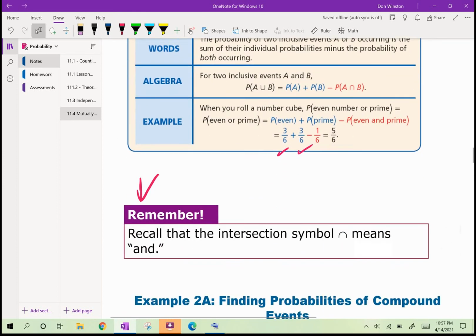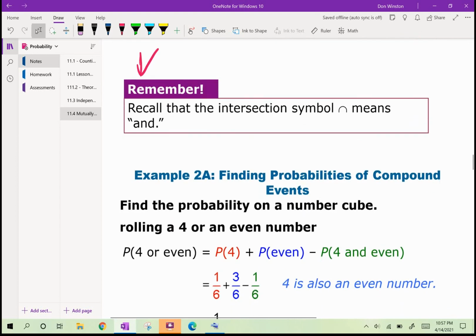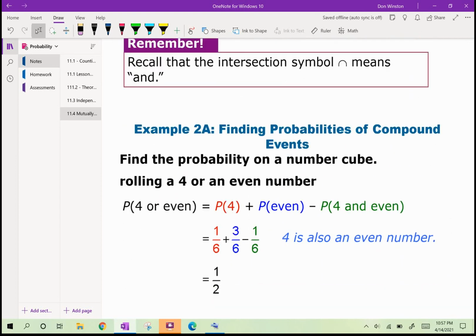Okay, so let's see here. Find the probability on a number cube of rolling a 4, which is 1/6. You have a 1/6 probability of rolling a 4, or an even number, which is 3/6, so 2, 4, and 6. And so notice here again that 4 is common to both. So the probability you roll a 4 is 1/6.